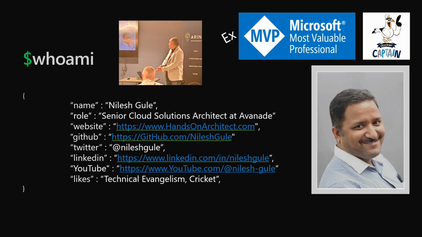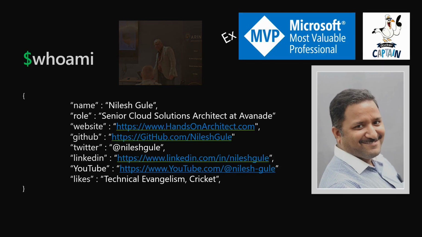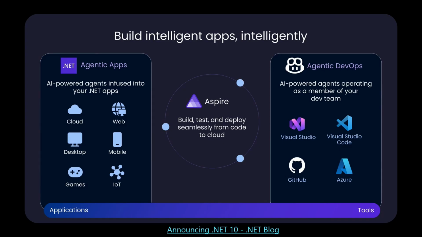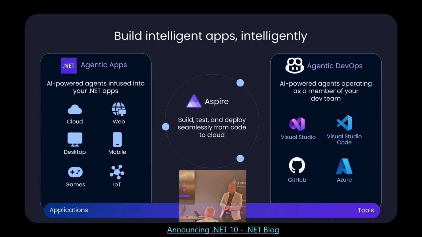I'm an ex-MVP. I was a Microsoft MVP from 2018 till this year, and currently I'm a Docker Captain as well. Apart from tech, I like the game of cricket. So if anybody is interested in talking about cricket, more than happy to talk about the Ashes and all the other things that are coming up. But let's focus our discussion on the Agentic AI stuff that's coming in.